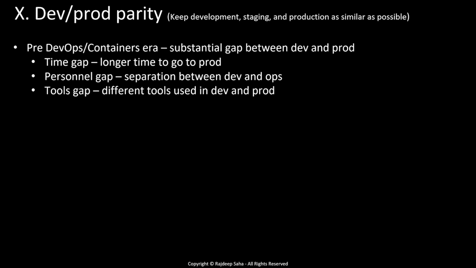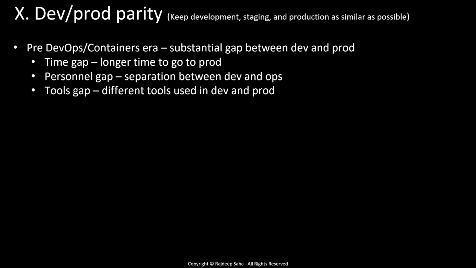Now the next one is dev prod parity, which is to keep development, staging, and production as similar as possible. So this was created before DevOps and containers were popular 12 years back. There was a substantial gap between development and prod: a time gap, there was a longer time to go to production; a personnel gap, there was separation between developers and operations; and a tools gap, different tools used in dev and prod.